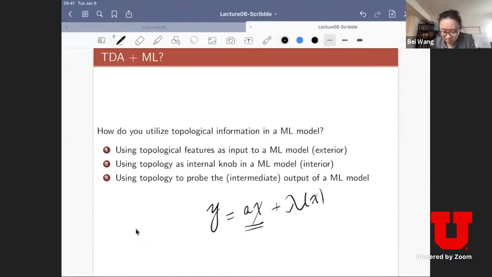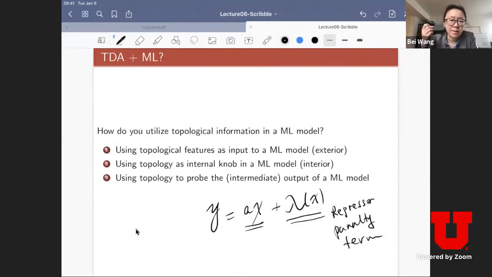Let's say this is a linear model, but here there's maybe a penalty term, okay? So that penalty term, in most recent work in the past 3 or 4 years, if I want to bring, say, topology into the model itself, I can actually use this as a penalty, like some sort of topological penalty.